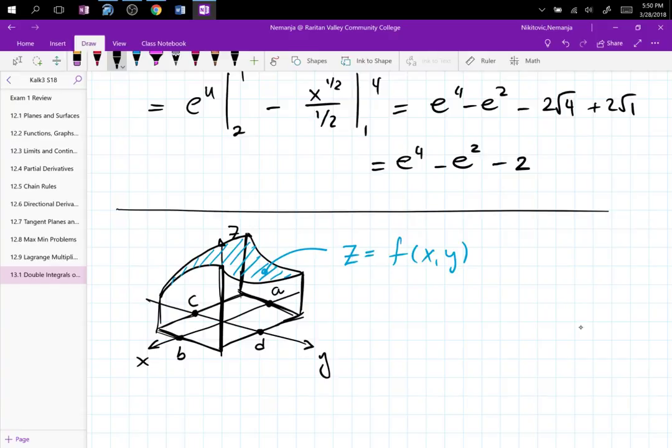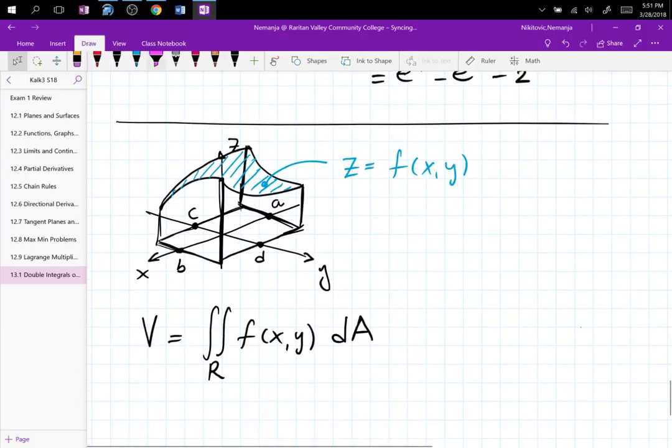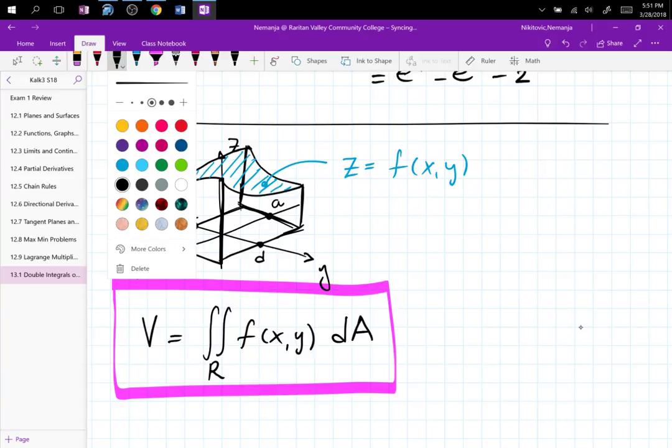So to find the volume of this object, you would take the double integral over region R of f of xy dA. Now this is the formula which I did not write last time because this is the shorthand formula, and these things mean something.